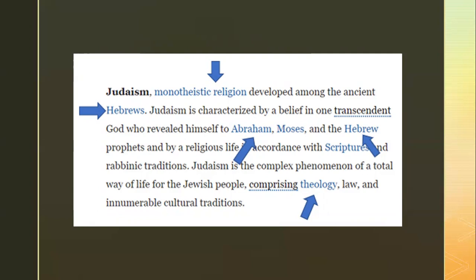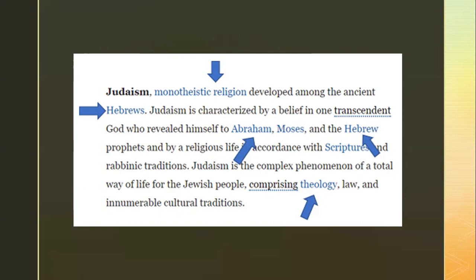Judaism is a complex phenomenon of a total way of life for the Jewish people, comprising theology, law, and innumerable cultural traditions. So, as you can see in the screen, there are words highlighted in color blue. If you're going to click that one, you'll be directed to another link which presents details and information about the topic that you click.